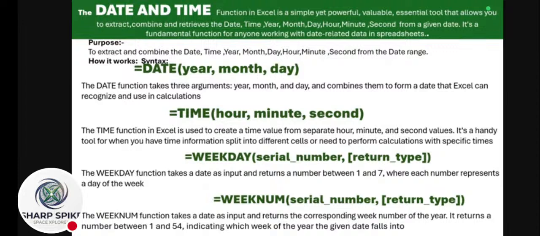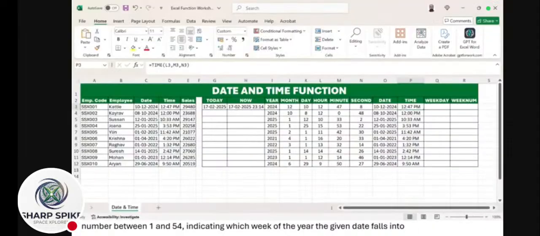The WEEKNUM function takes a date as an input and returns the corresponding week number of the year. It returns a number between 1 and 54, indicating which week of the year the given date falls in.